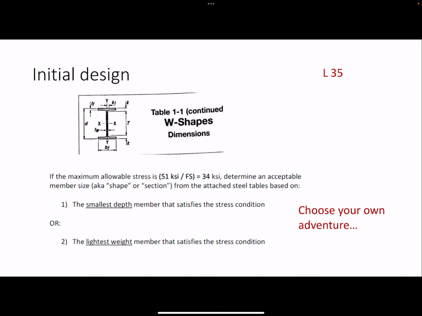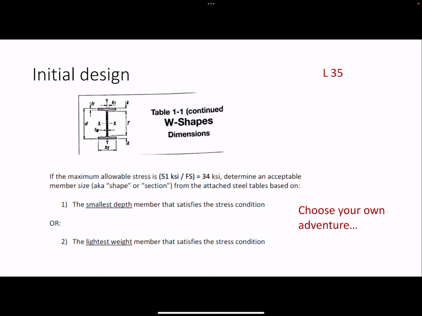All right, so initial design continued. We have the wide flange shape, general designations shown there, and then I'm giving you an allowable stress of 34 ksi. That comes from a yield stress of 51 ksi divided by a safety factor of 1.5.